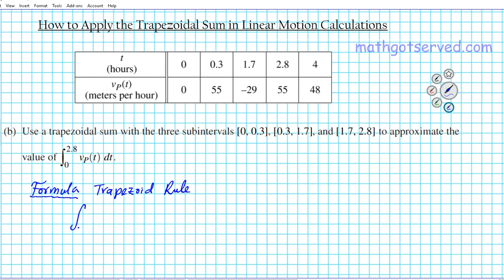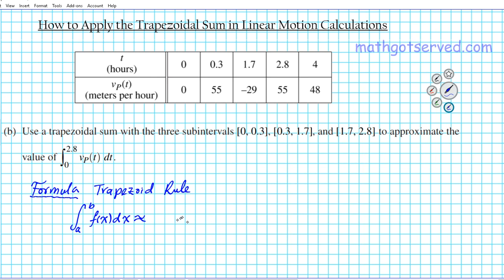This is the exact integral. The integral from a to b of f of x dx, which represents the area between the curve and the x-axis. The integral can be estimated using geometry, right? You can estimate the integral using rectangular approximation or trapezoid approximation, left, right, midpoint, or trapezoid. In this case, we're using trapezoid approximation.